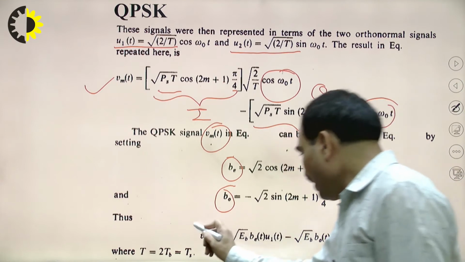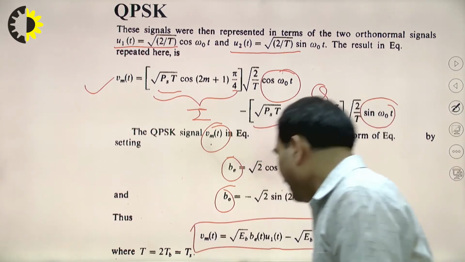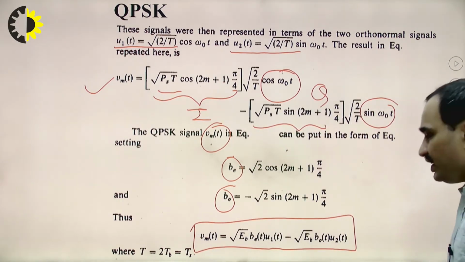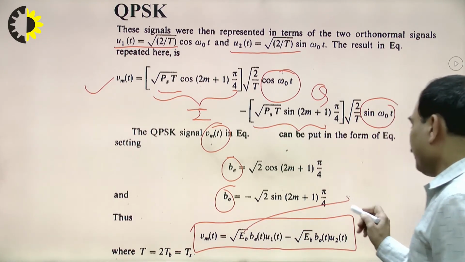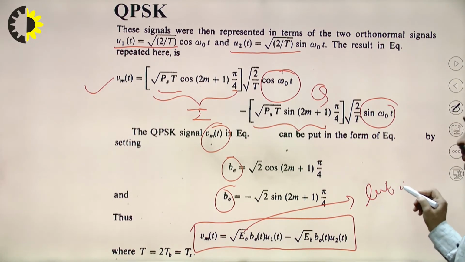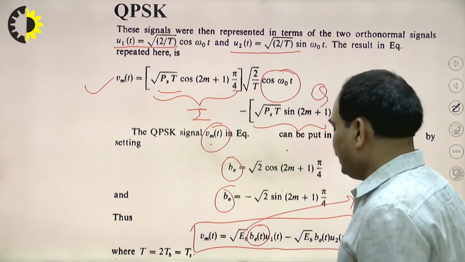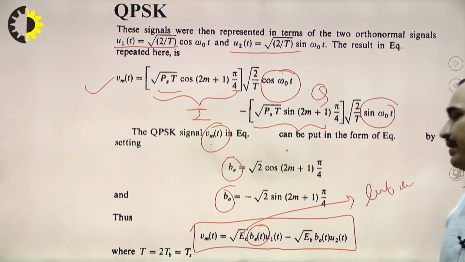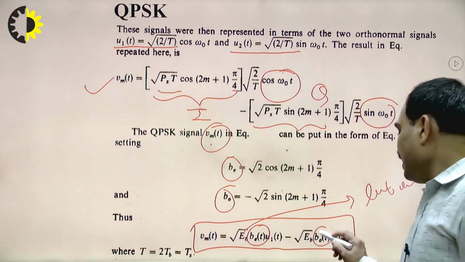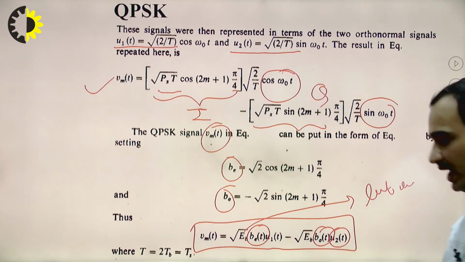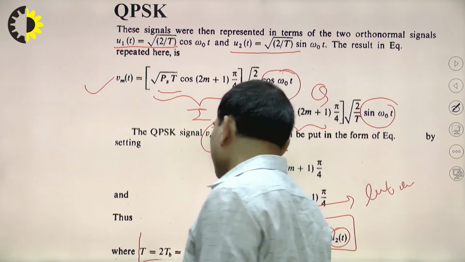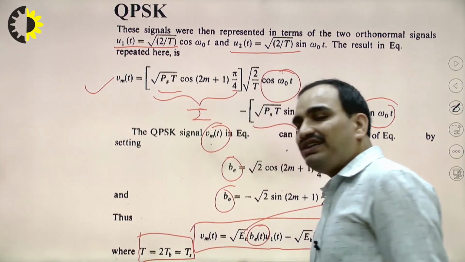So here we have this term in terms of the voltage, that is under root Eb, where Eb is the bit energy, and b_e, that is the even bits, multiplied by U1(t) minus under root Eb b_o(t) U2(t). And the time is given by twice the bit duration.